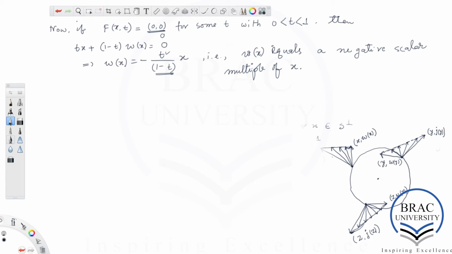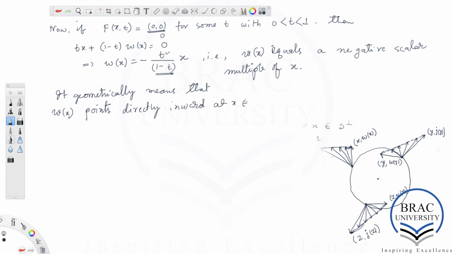So since this is negative, it turns out that w of x points directly inward at x in S1.